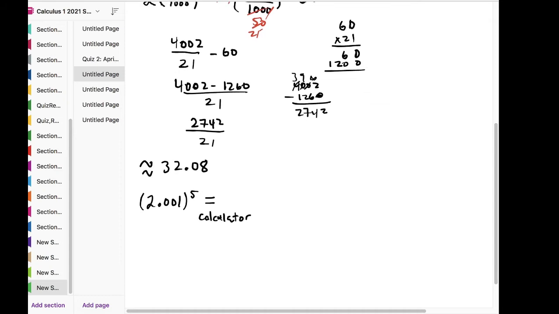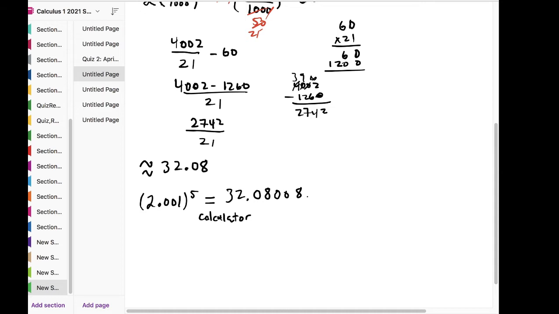How does the calculator do 2.001 to the 5th? Ooh, that's really close. 32.08008. Cool.